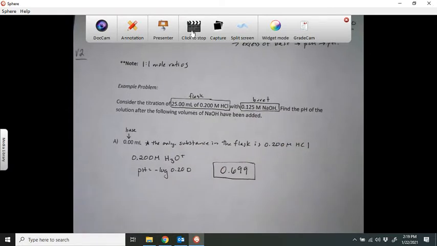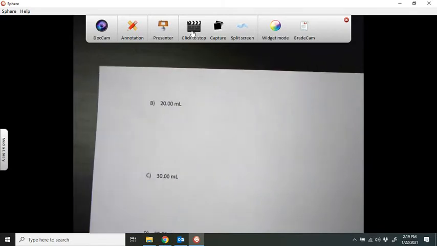So that's the first step in any of these problems: we find the pH of the acid before we add anything to it. Now, you'll see on the next page that we have a variety of additions of our base.